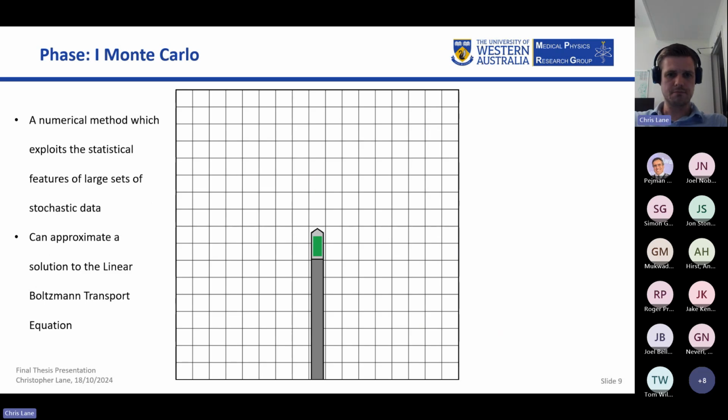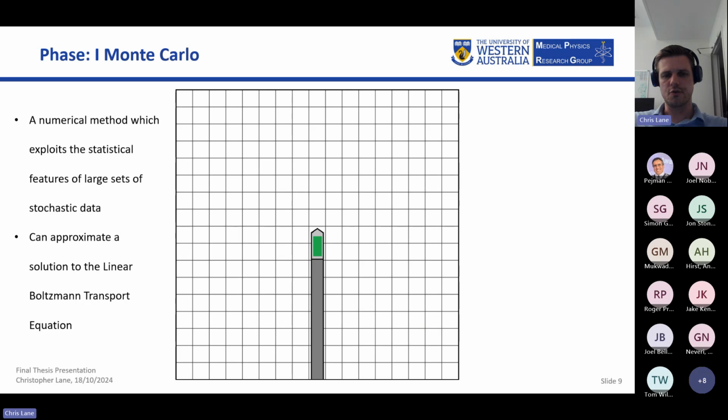So just to give a brief overview of what the Monte Carlo simulation is doing. Monte Carlo is a numerical method which exploits statistical features of large sets of stochastic data. In this case, it's able to approximate a solution to the linear Boltzmann transport equation. Here is a very crude idea of what it is doing.